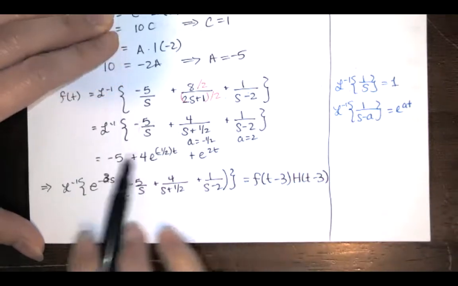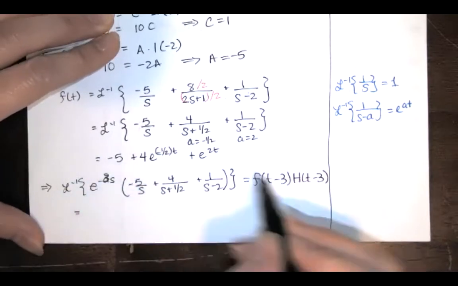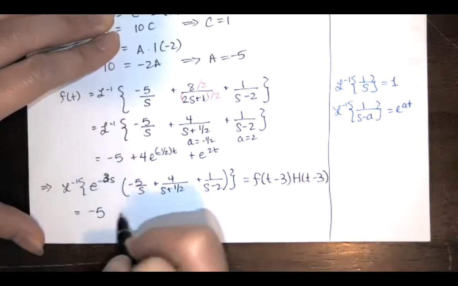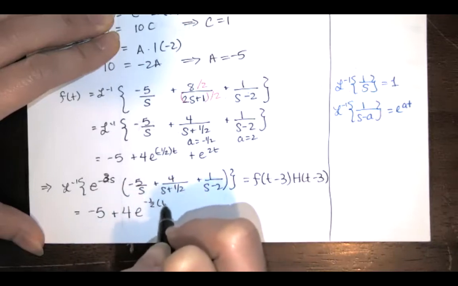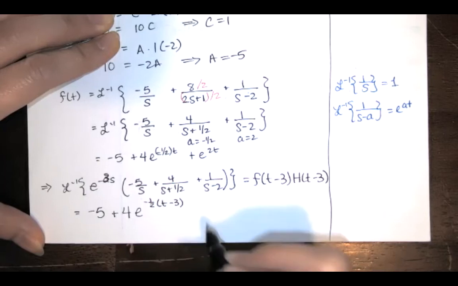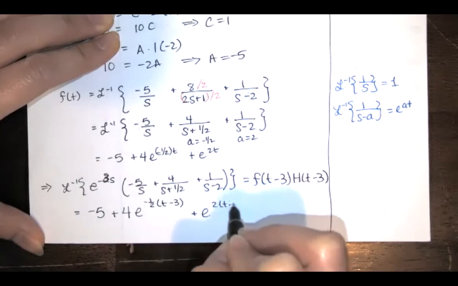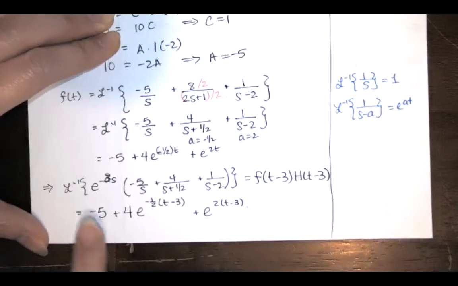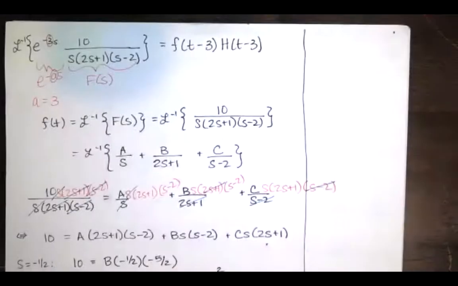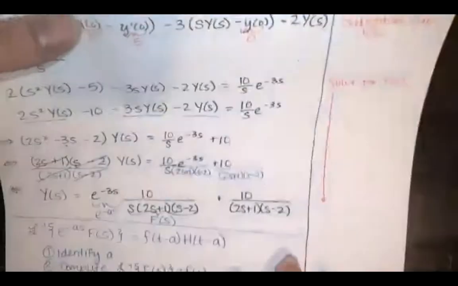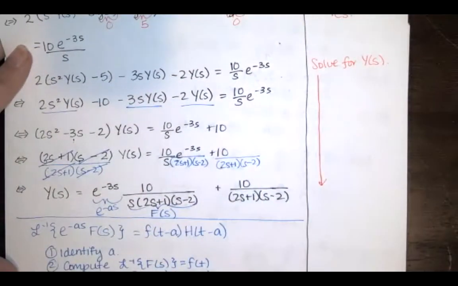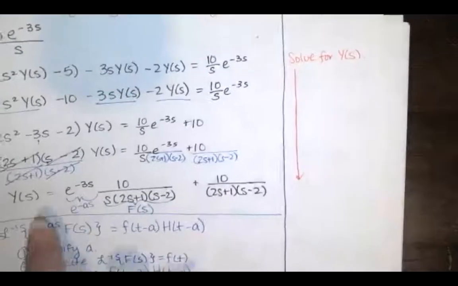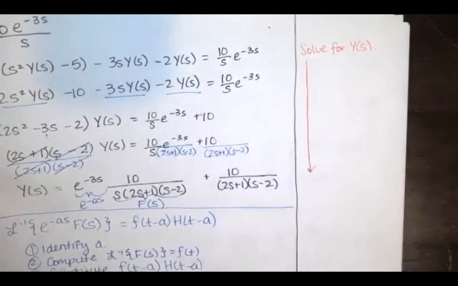And f of t is right here. So we'll replace the t's with t minus 3's. We have negative 5 plus 4 times e to the negative 1/2 t, but t is replaced by t minus 3. We've got that there as well. Okay, so that's for the first piece. This piece, we also have to use partial fractions, and then we'll add those together, and that's going to be the inverse transform of Y of s, which is y of t.